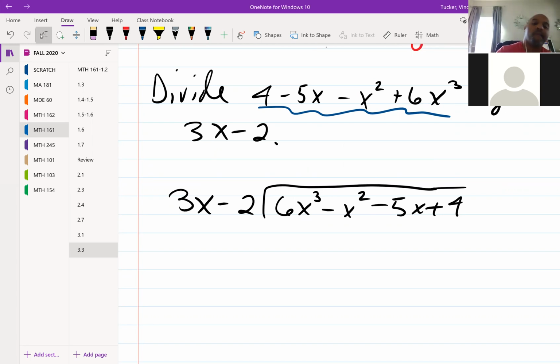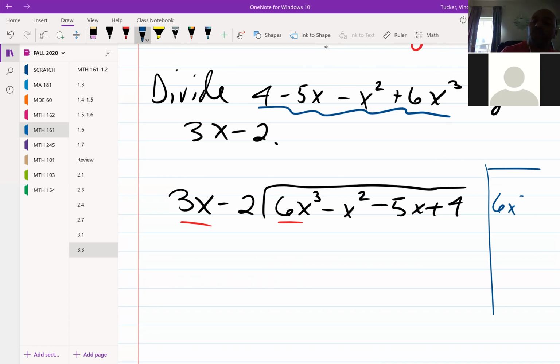All right. So compare first terms. What times 3x will give me 6x cubed? It's going to be 2x squared.